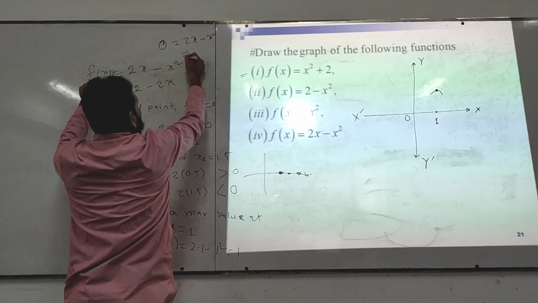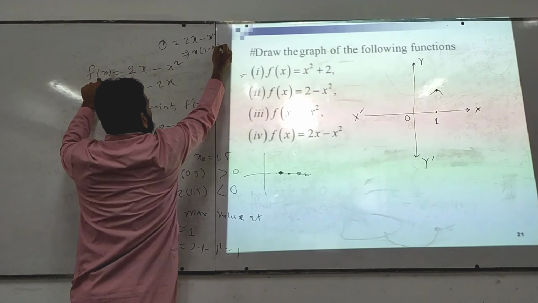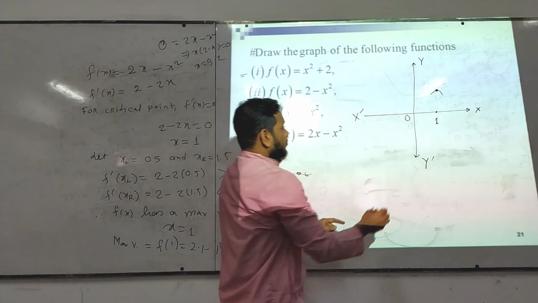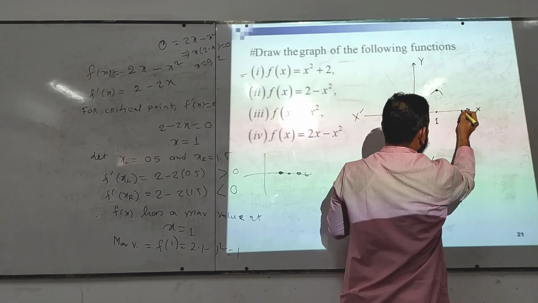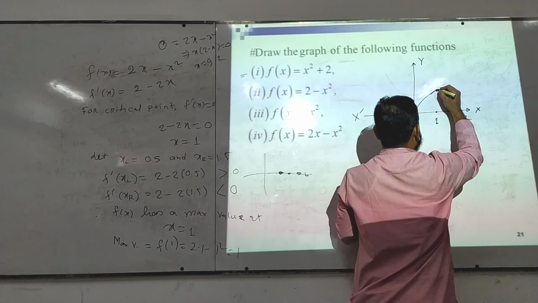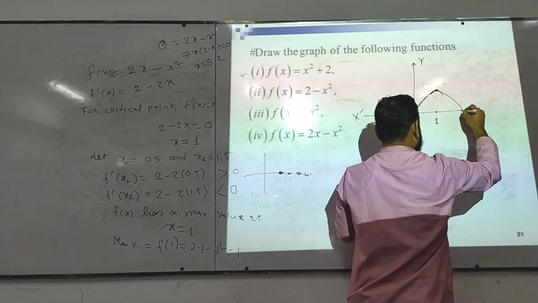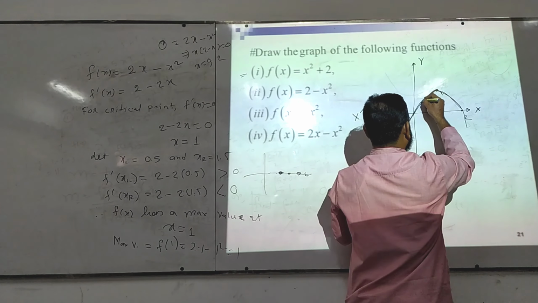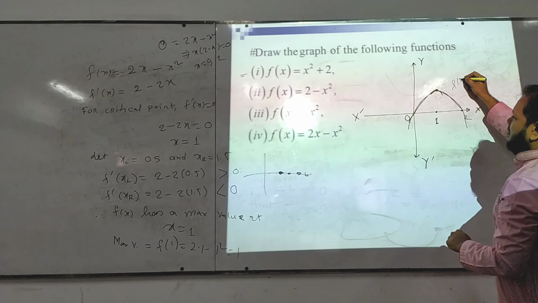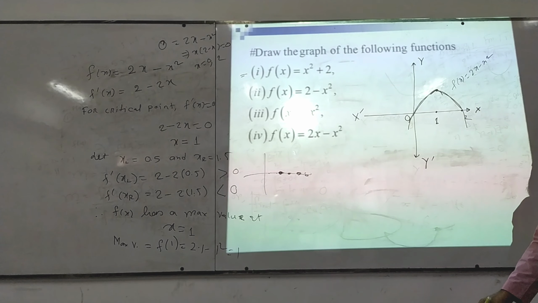That is x times 2 minus x equal to 0. X equal to 0 and 2. So our cutting points are 0 and also 2. It cuts the x-axis at the points 0 and 2. So this one is our graph of f of x equal to 2x minus x squared.